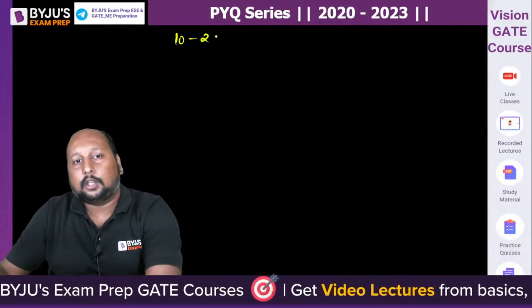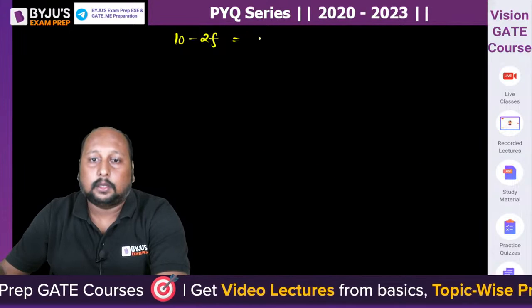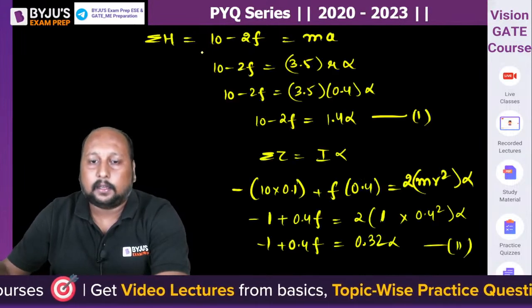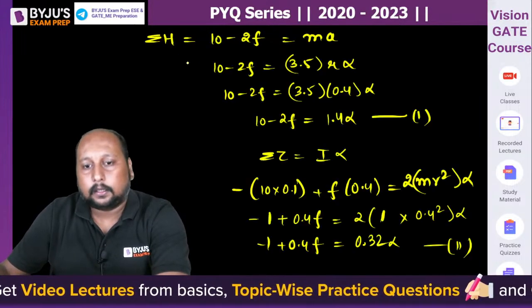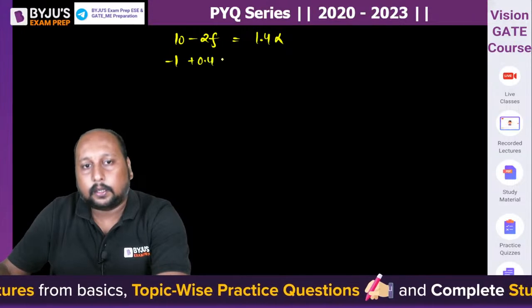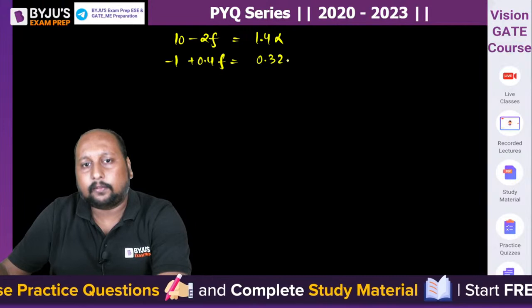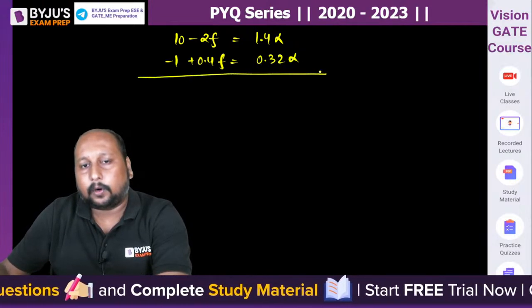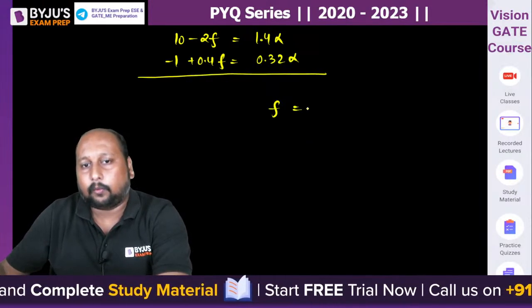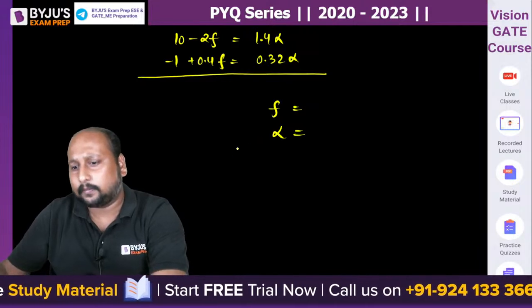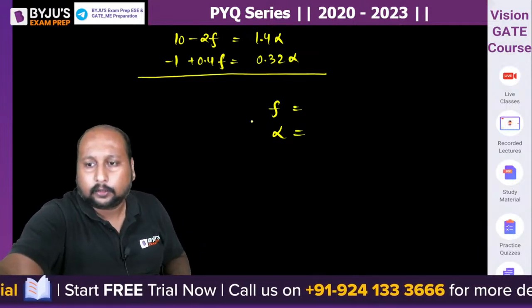You have to solve the two equations. 10 minus 2f is equal to 1.4 alpha. This is minus 1 plus 0.4 f is equal to 0.32 alpha. Solve it and tell me what value of f you are getting and what value of alpha you are getting.